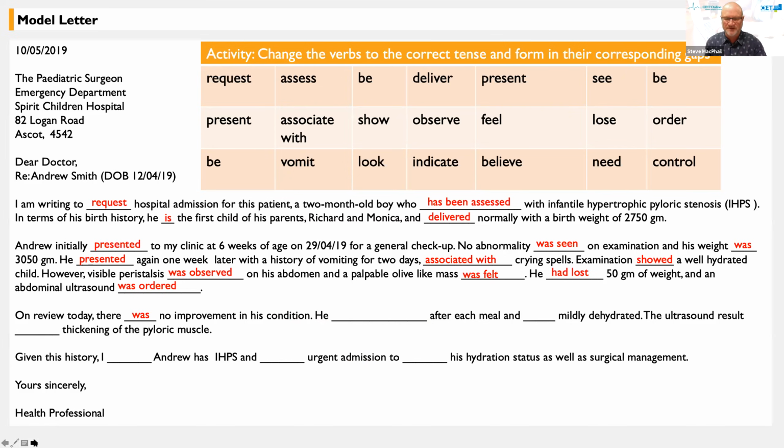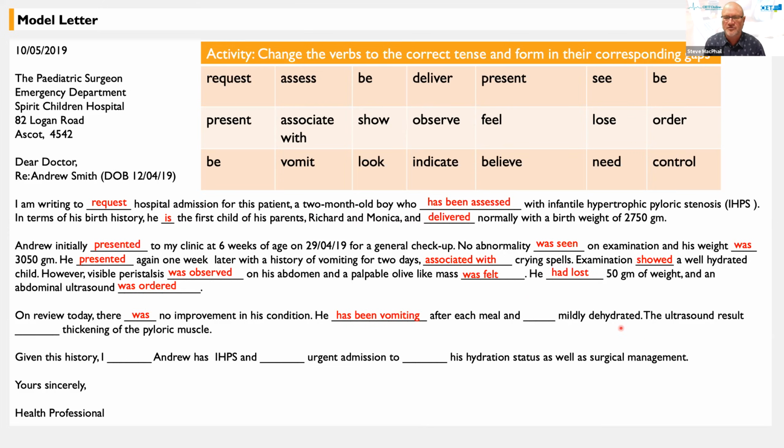He, and I want to use present perfect because they said still vomiting. Remember from the case notes, he vomited previously once in the past and he's still vomiting. Yes, thank you, Bridget. He has been vomiting after each meal.